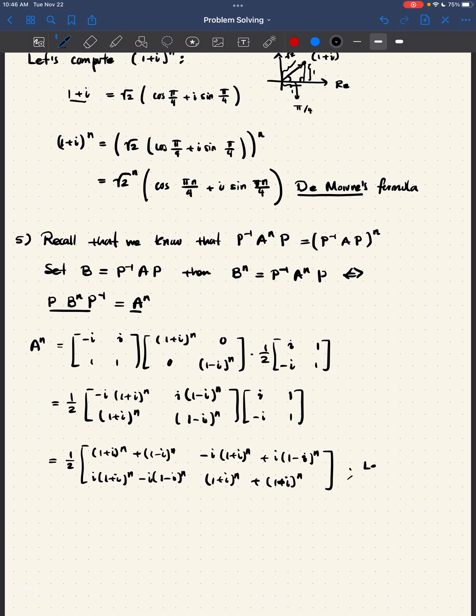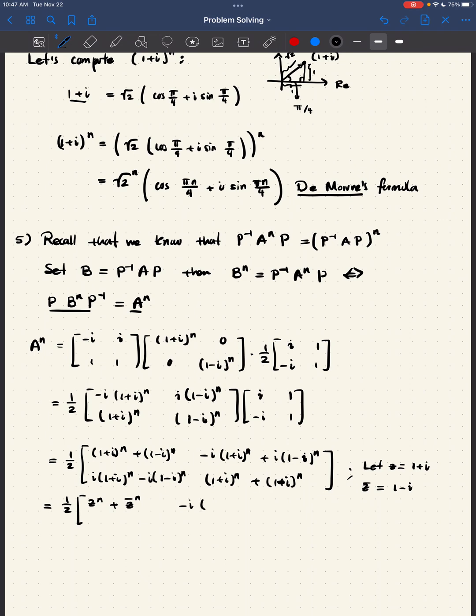So this is what I'm going to do now. From here, I'm going to let z be 1 plus i. So that means that the conjugate is exactly that. Now, whenever we have this structure, what we have is the following. This is 1/2 of z to the n plus the conjugate of z to the n.